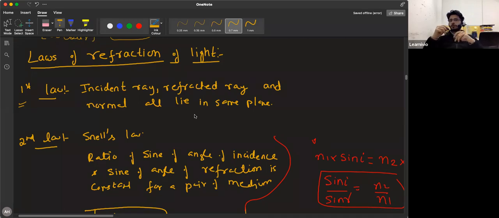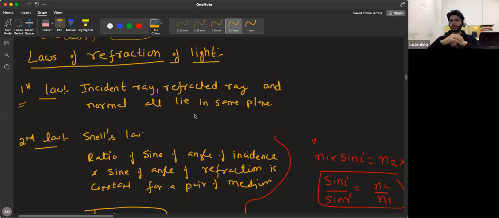Your refracted ray will not come out of the plane of your copy. If I'm taking my incident ray in the plane of my laptop, my refracted ray will never come out of the plane of my laptop. The refracted ray will remain in the same plane in which my incident ray was.